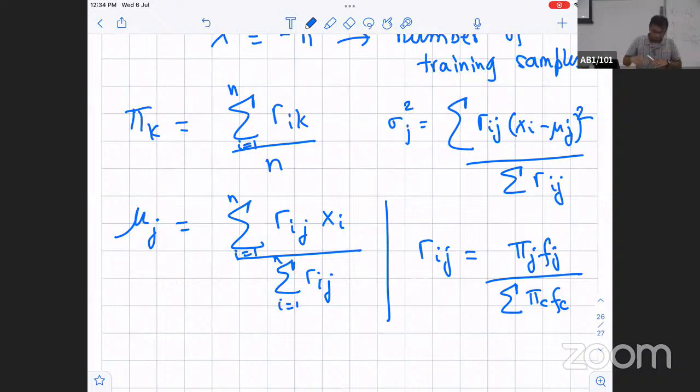This is what we will exploit. I have not yet told you how we can arrive at mu, sigma and pi k. How do you optimize it? There is a problem. Do you see the problem? The problem is pi, mu and sigma depend on gamma ij, and gamma ij depends upon pi, mu and sigma, right? That's the problem. There is a very simple fix for this, which is the EM algorithm, which we will discuss.